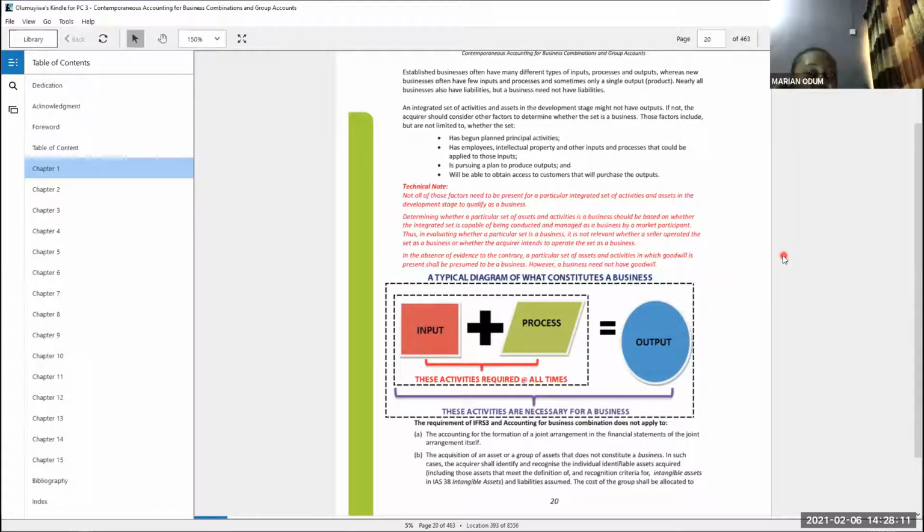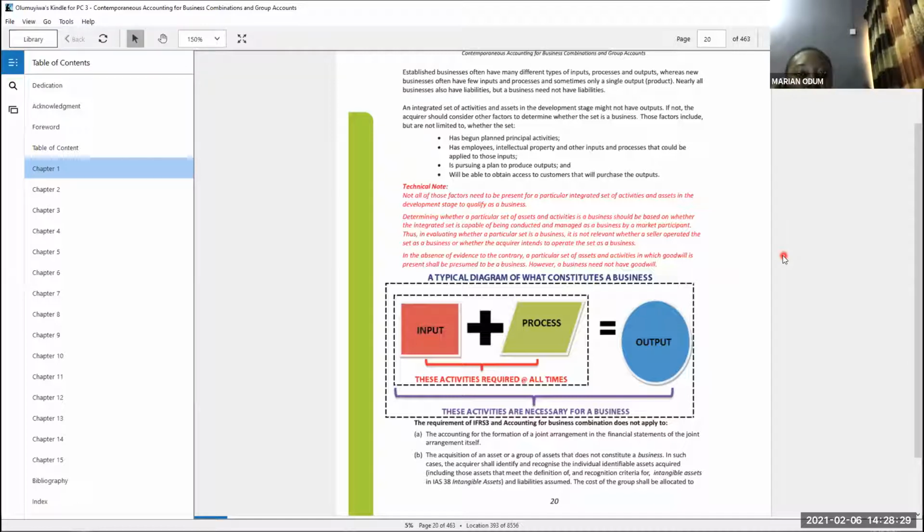Nearly all businesses also have liabilities, but a business need not have liabilities. An integrated set of activities and assets in the development stage might not have outputs. If not, the acquirer should consider other factors to determine whether the set is a business.